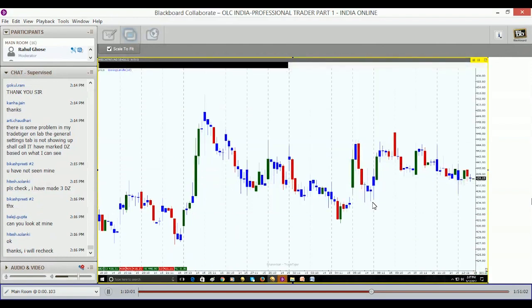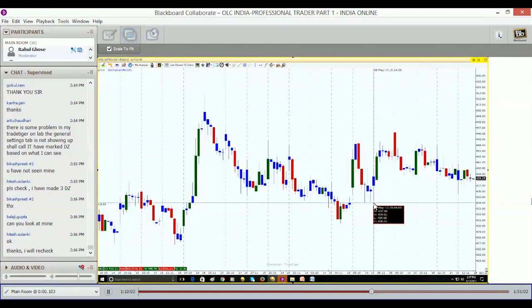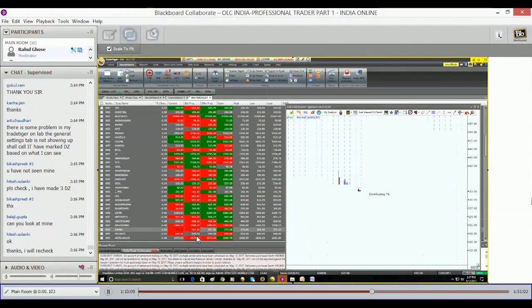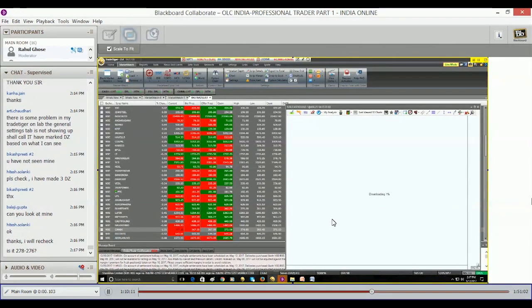Okay, in Castrol Industries, or no, give me a minute, guys. Let me give you a little complicated one so it's easy to understand.